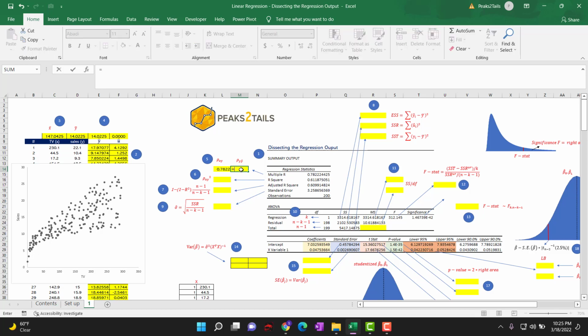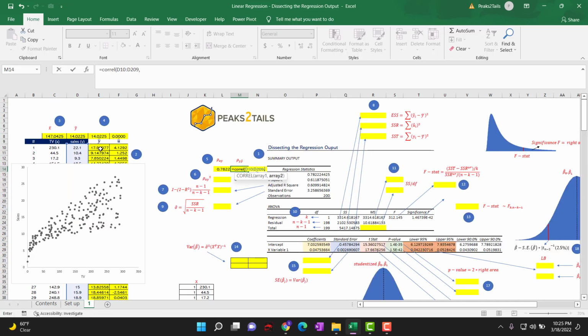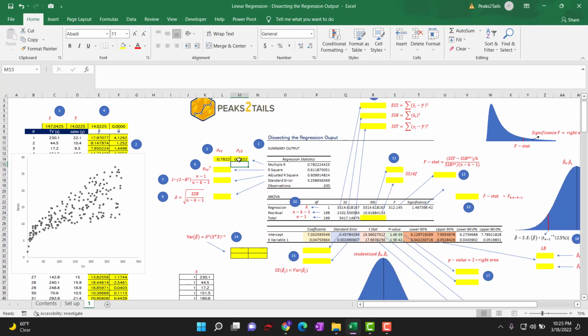So let's calculate the correlation between Y and Y hat, and it's the same. Now the reason I did find the correlation between Y and Y hat is because in case of multiple linear regression with more than, let's say, 2 regressors, there are many X, right?